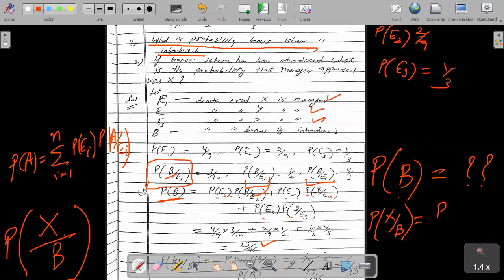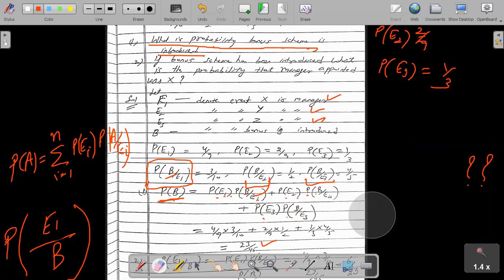By Bayes theorem. द मैनेजर वाज X, तो हम X नहीं लिखेंगे, we will write E1. हमने इवेंट E1 लिया. So by Bayes theorem, what will this probability become?